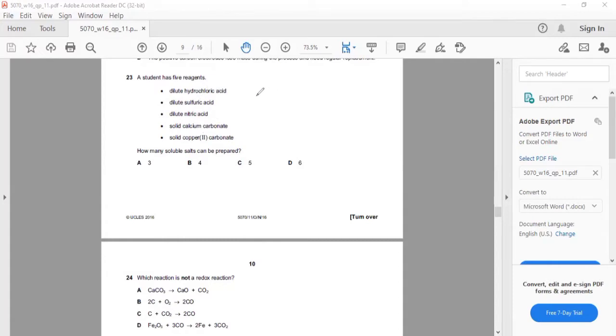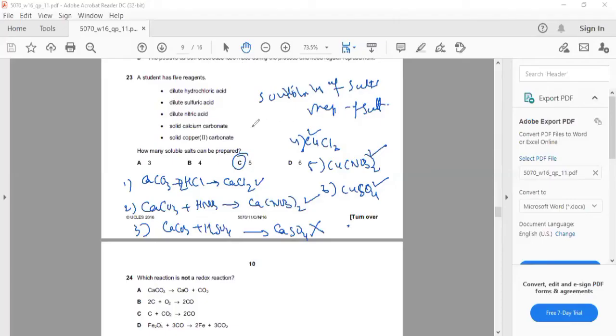We have to know the solubility of salts also, preparation of salt also. Carbonate and acid react together to form salt. These two carbonates can react with these three acids to form salt.